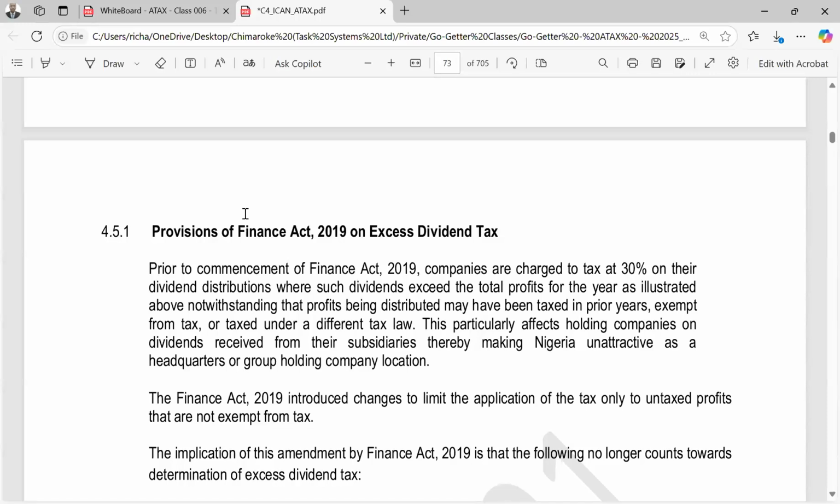This particularly affects holding companies on dividends received from their subsidiaries, thereby making Nigeria unattractive as a headquarters or group holding company.